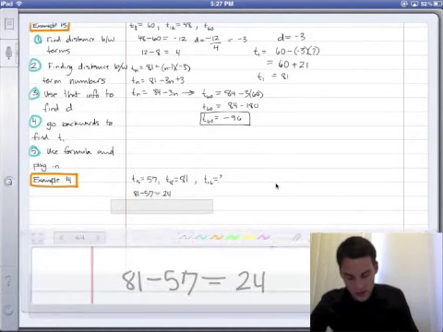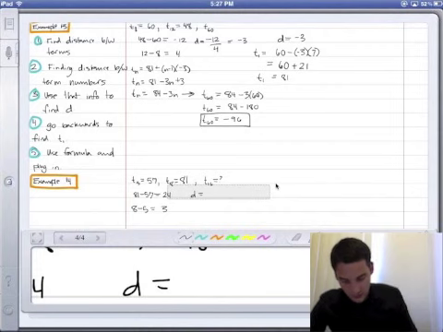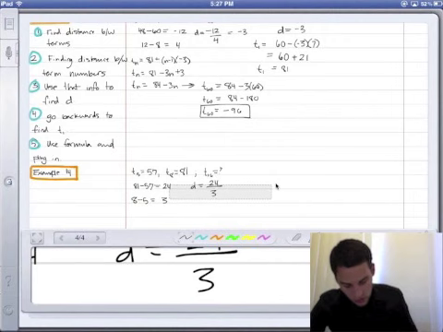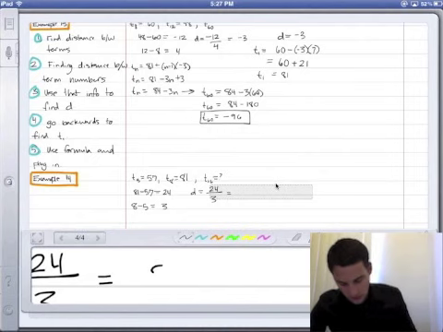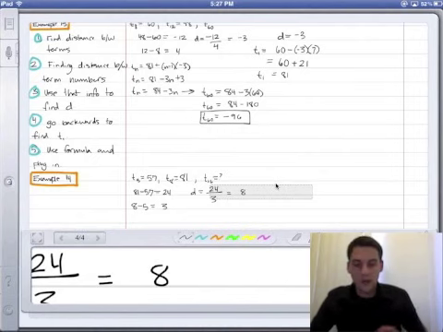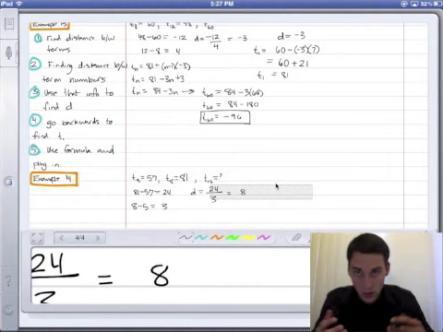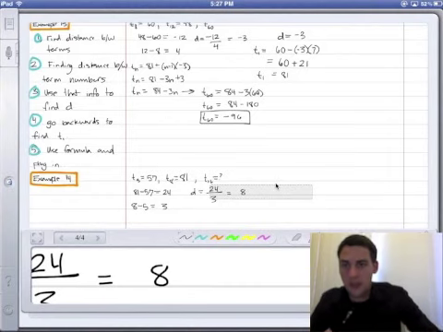And then I'm going to use that to find d. So d equals 24 divided by 3, which means d equals 8, right? I found d.